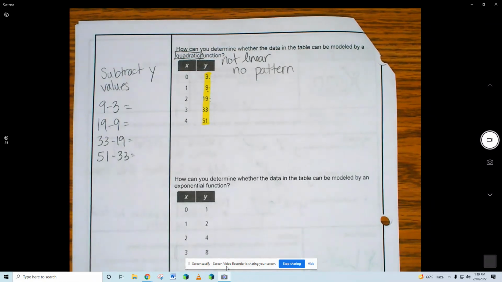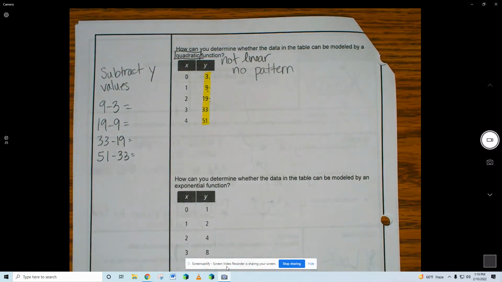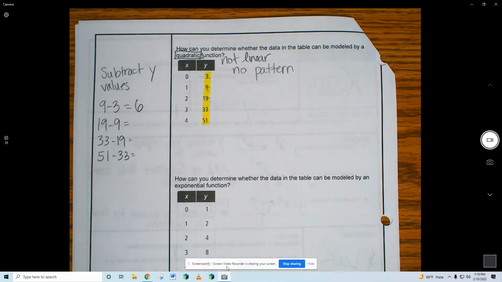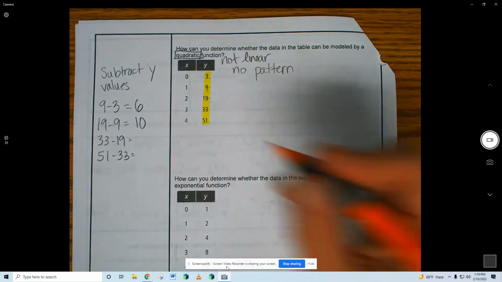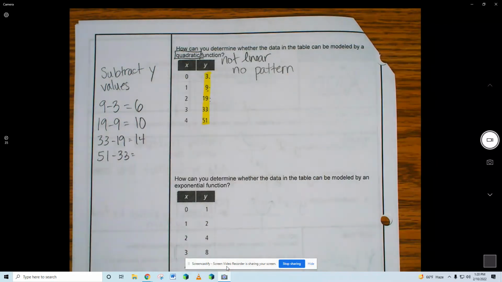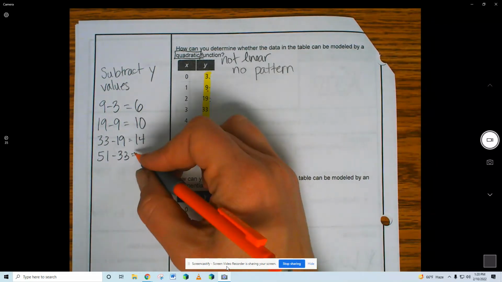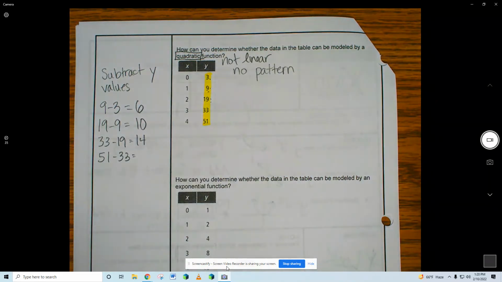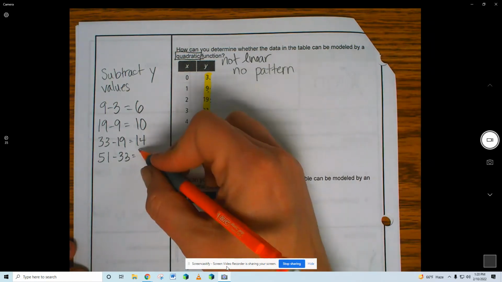Hopefully this has some sort of pattern. What is 9 take away 3? 6. Nice. What is 19 take away 9? What is 33 take away 19? 14. What is 51 take away 33? 18.